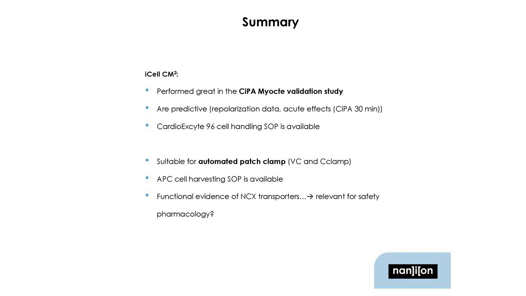The CardioExcyte cell handling CiPA SOP is available. And also the iCell cardiomyocyte squared are suitable for automated patch clamp recordings in voltage clamp and current clamp. And also the cell harvesting protocol is available at FCDI or at Nanion.